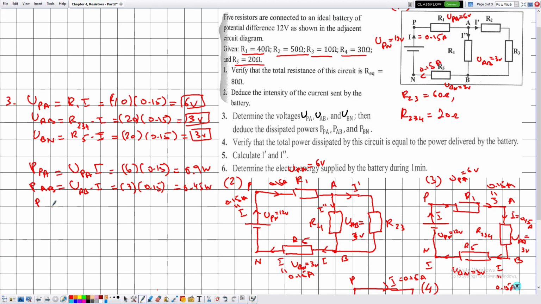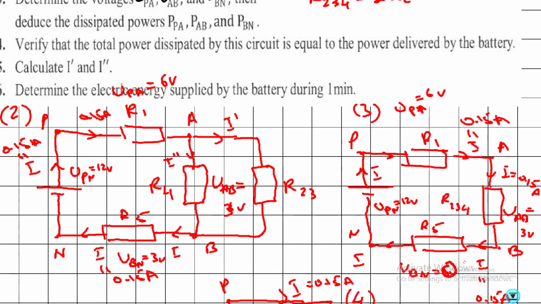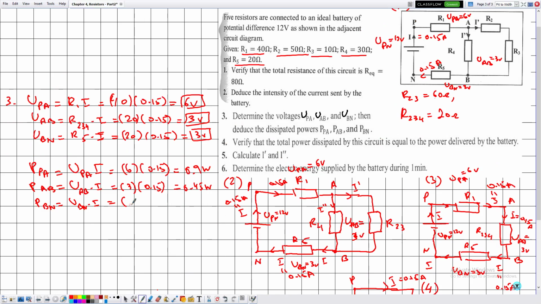Now as for the power PBN, which is the voltage UBN multiplied by the current I, the voltage UBN is 3 and the current is 0.15, so this is equal to 0.45 watts.